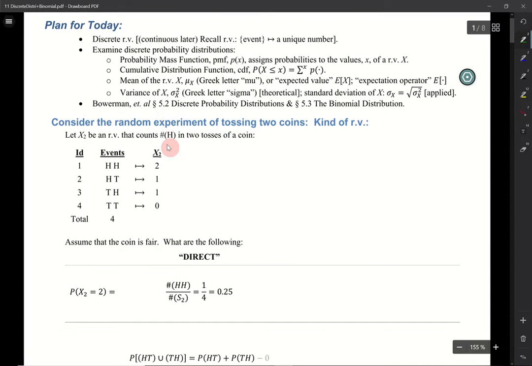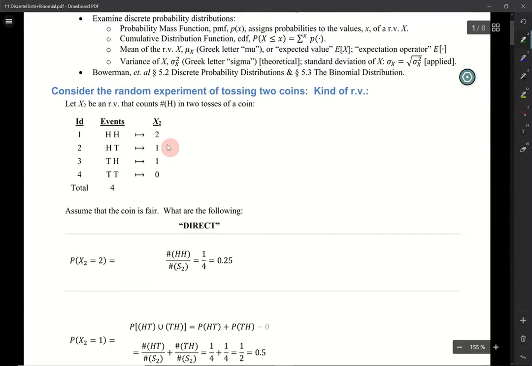So we'll be talking about those. Okay? And so in order to get started, we have to have events, we have to have random variables, and then we have to assign probabilities to those random variables, right? How likely are you to see a 2? How likely are you to see the value 1? And how likely are you to see the value 0?